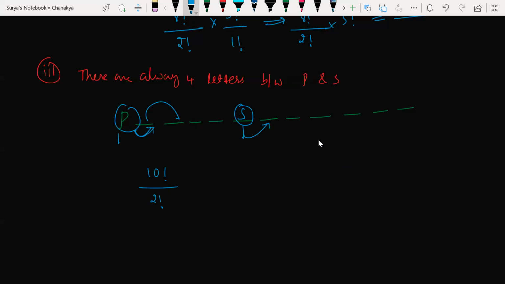Next, this can go here, third possibility, and this can come here, fourth, fifth, sixth, and this can come here, seventh. Getting my point? Total 7 possibilities where I can have 4 letters in between P and S. You can arrange in 7 different ways.